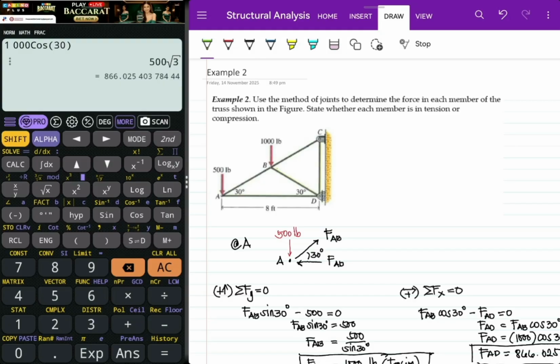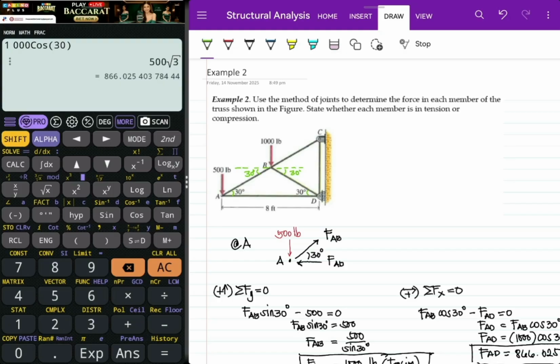Now for our angles, take note that if we write our vertical axis here and horizontal axis, if this is 30, that means this is also 30 degrees, and if this is 30 degrees, this is also 30 degrees.